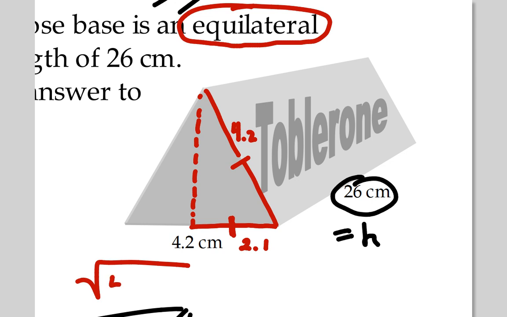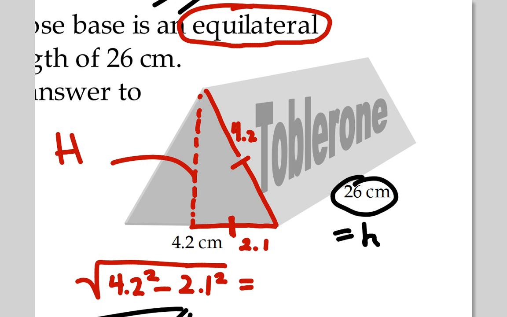So long side first, 4.2. Take away short side second with the square. And we will get this guy here, which we're calling capital H. 4.2 squared, take away 2.1 squared, square root that 13, it's about 3.6.